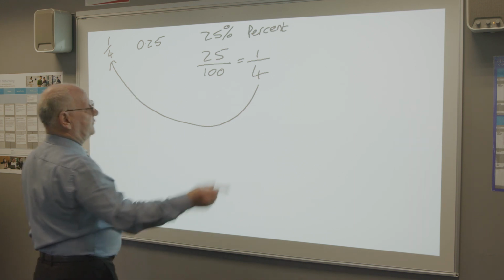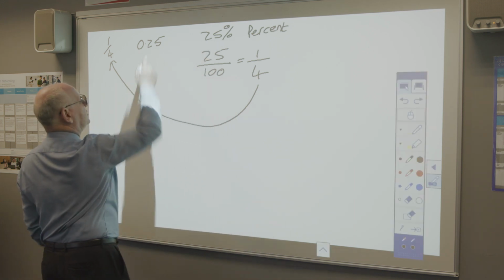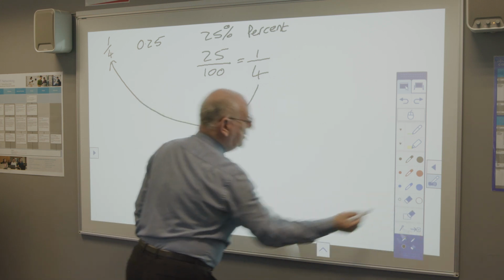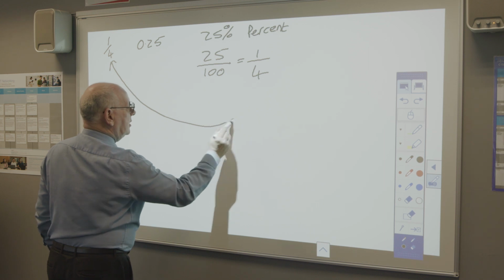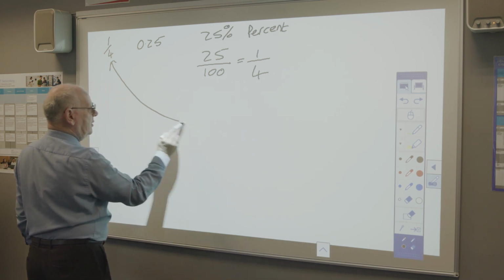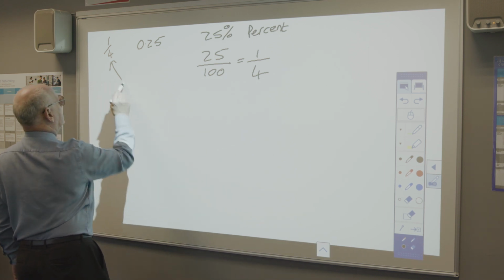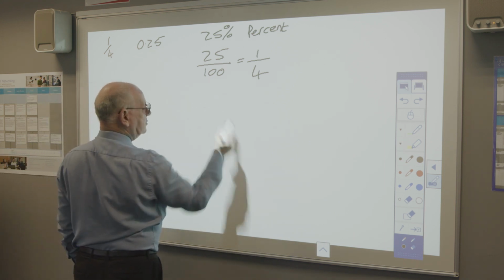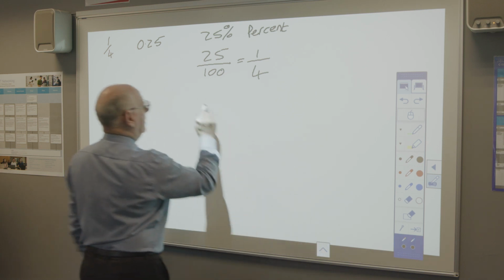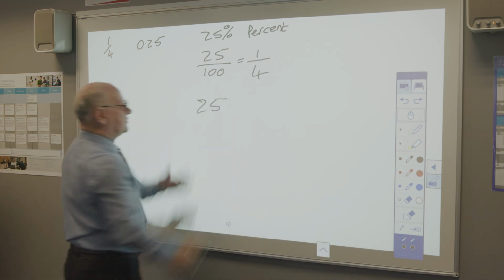And what about if you want to get from the percentage to the decimal? You can do that as well. There's the percentage, 25, it's a whole number.